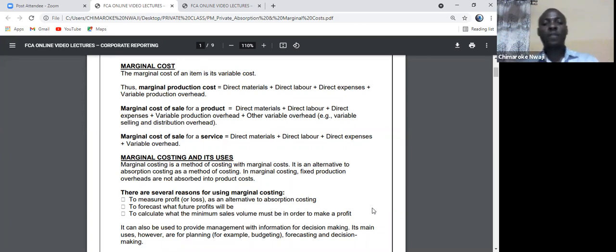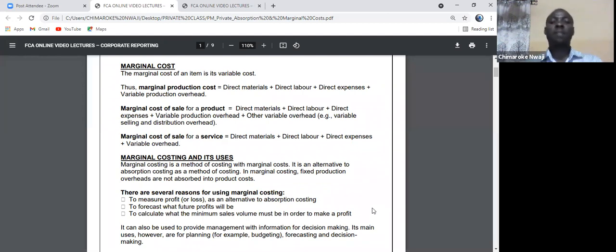One thing I omitted here is that you may want to less marginal closing stock to get marginal cost of sales. We're going to see all of this when we do an example. Now, for a service company, marginal cost of sales will be your direct material, direct labor, direct expenses, plus variable overhead. So there is nothing like production overhead there because there is no production, you are just doing services.